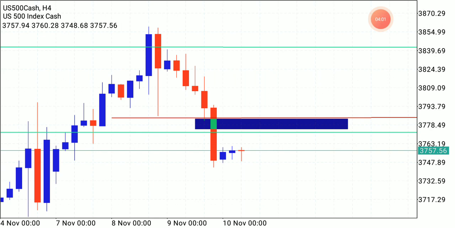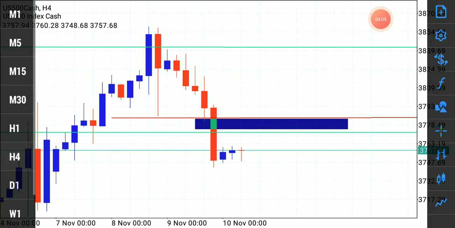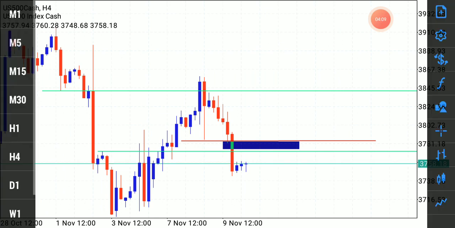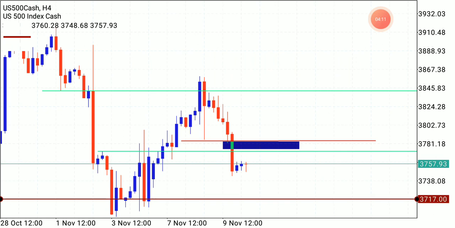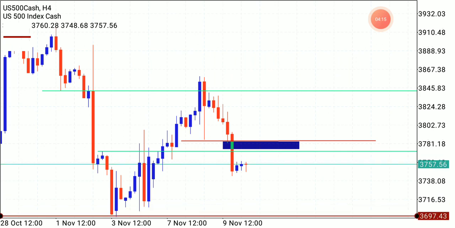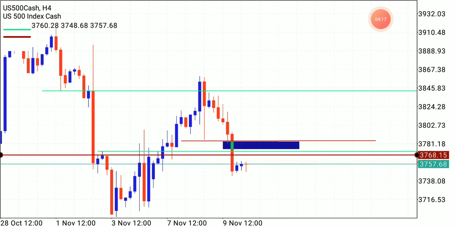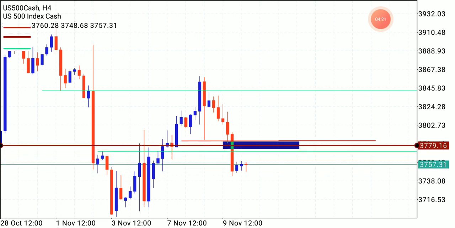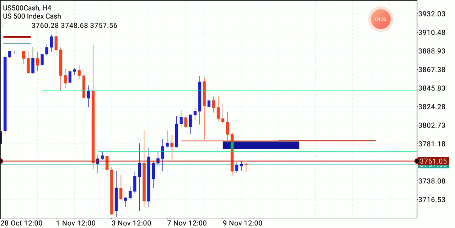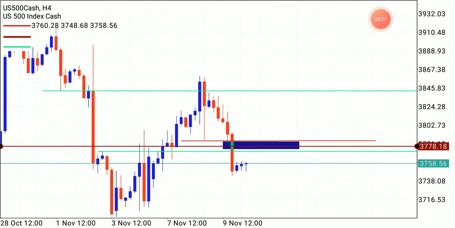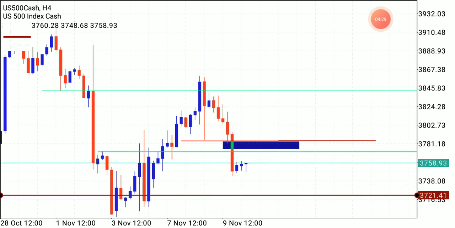We can get a fill inside there and get a rejection coming to clear this low here, or even go above here, fill this, reject, even here, down to the downside, clear all this, and then you have your selling opportunity.